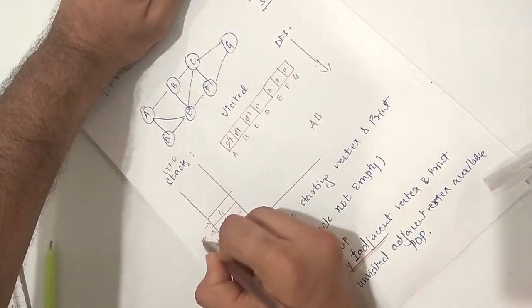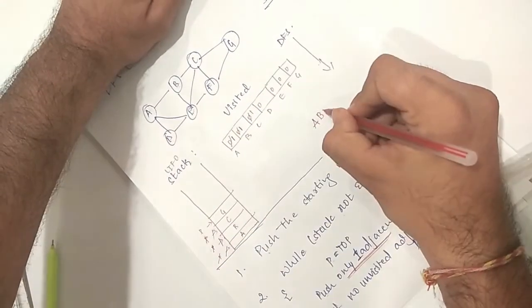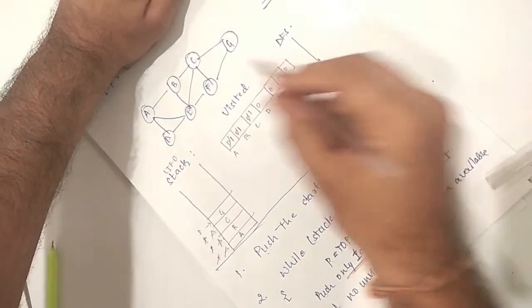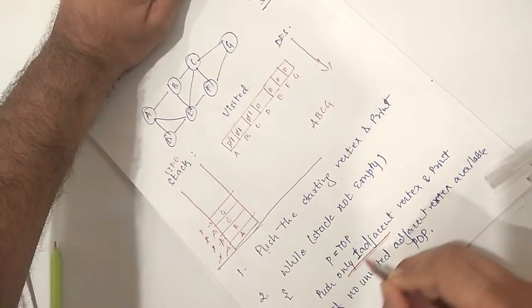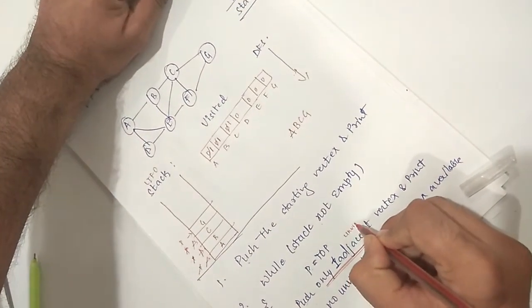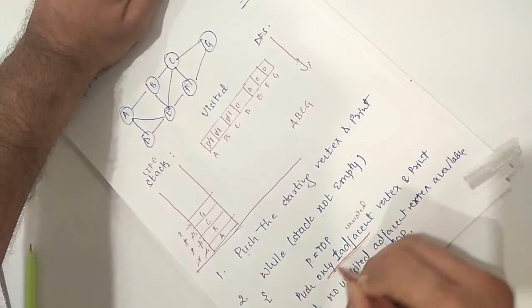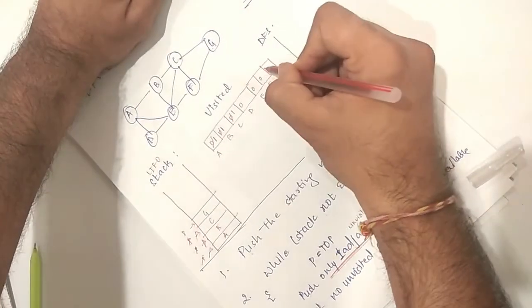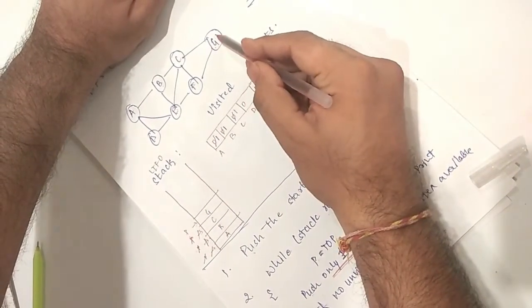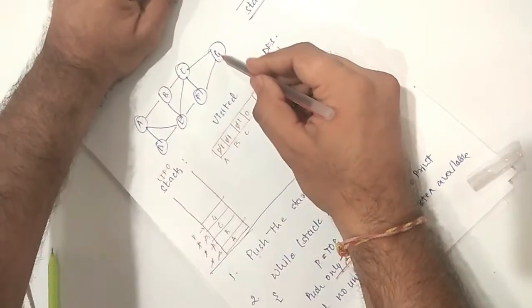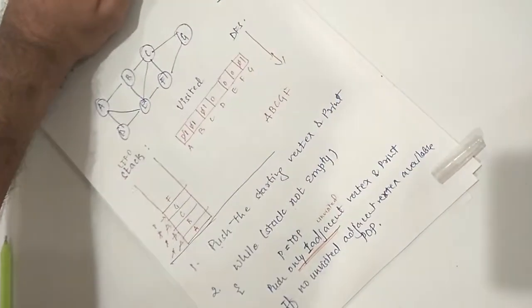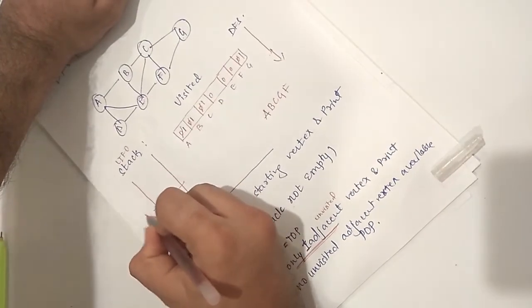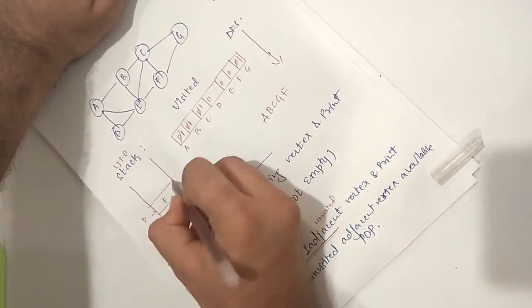Next, this becomes top of the stack. Also I need to write C, G over here. Next, adjacent vertex. Now you need to push only unvisited adjacent vertex. Fine, so you cannot push the visited adjacent vertex. Now unvisited adjacent vertex of G is F. So I am pushing that. I am also writing it over here. And next top of the stack is this.